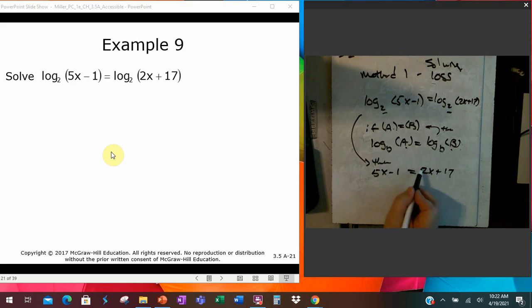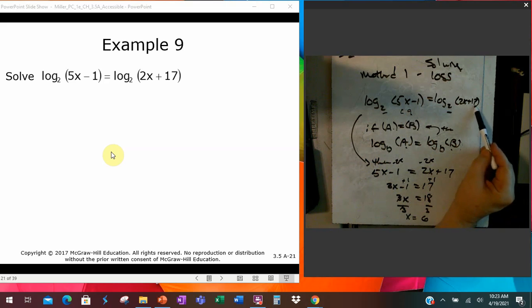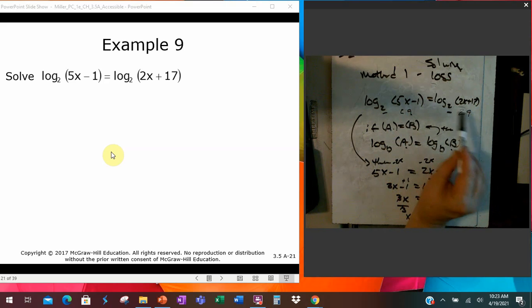Minus 2x: 3x minus 1 is equal to 17. Plus 1 to get that over there. Divide by 3. So x is equal to 6. Check: 5 times 6 is 30, minus 1, which is 29. 2 times x is 12, plus 17 is 29. The log base 2 of 29 is equal to the log base 2 of 29.